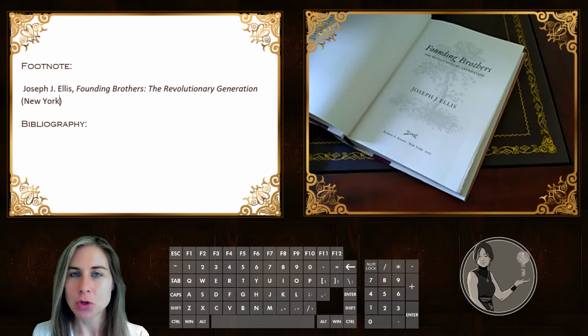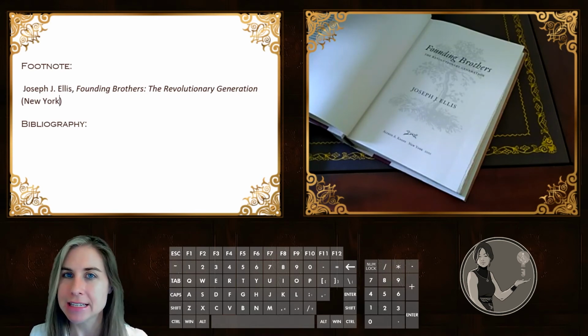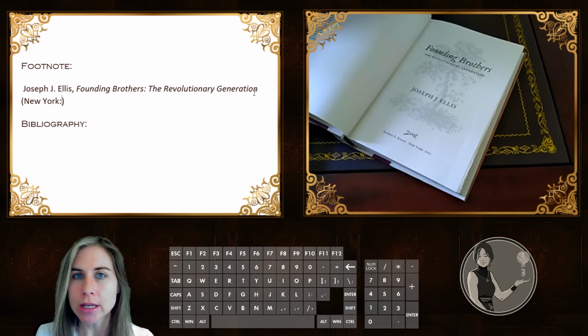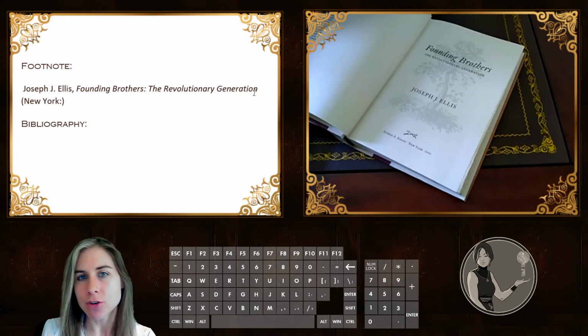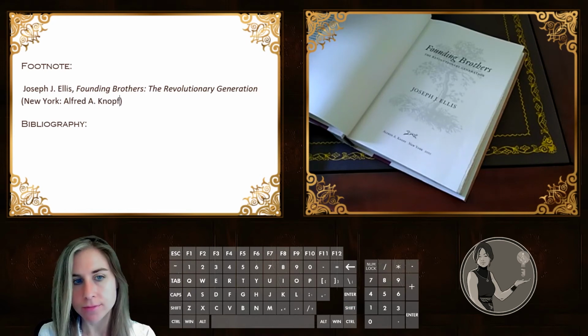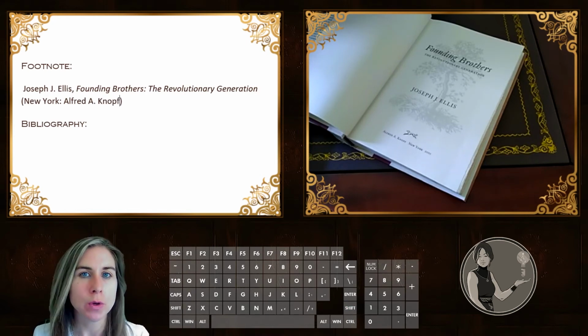Fortunately, in this case, New York is New York and we can leave it as it is. The next typographical mark we use is a colon. Everything before the colon is the city, everything after it is the name of the publisher. So we have Alfred A. Knopf. Now, why do we use a colon?